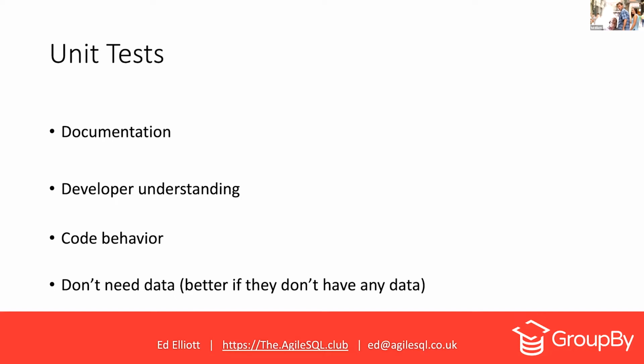Now, what else unit tests give you is a living example of how each piece of code works. You've got a stored procedure and it takes, say, 2 or 3 parameters. You're going to end up with a set of tests which tests that procedure with all the different combinations of the parameters. So without having to think, right, what do I need to do to call this stored procedure, you've got a set of living examples.